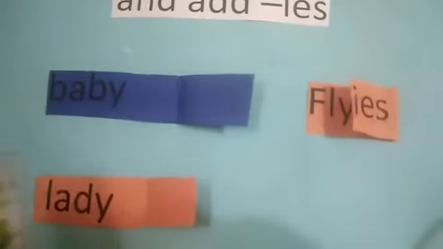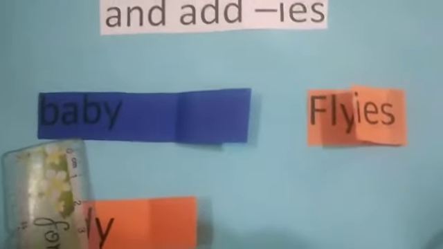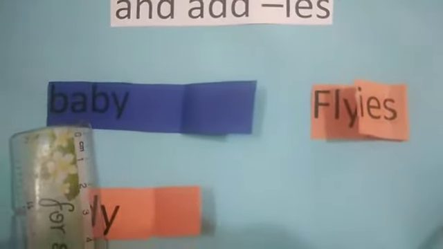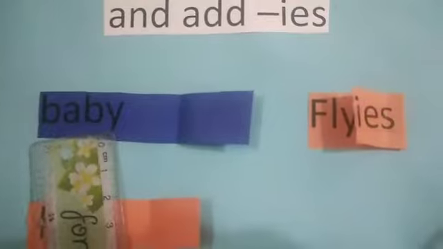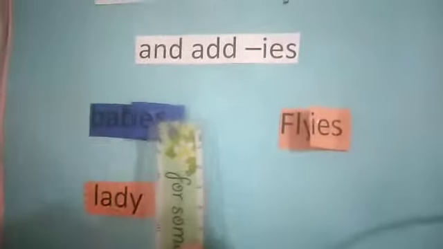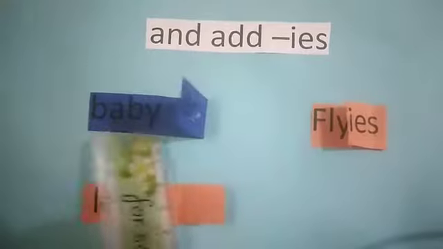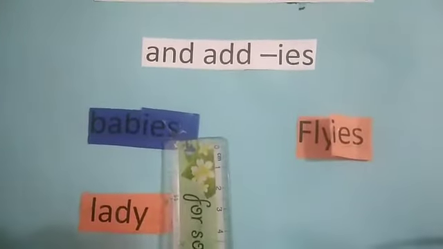That's very interesting students, like the first noun is baby. Baby is ending in y. So when we have to make the plural of baby, we drop y and add ies instead of y. So it becomes babies. Baby, babies.